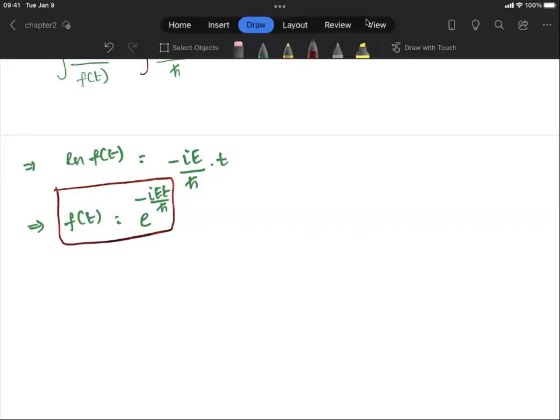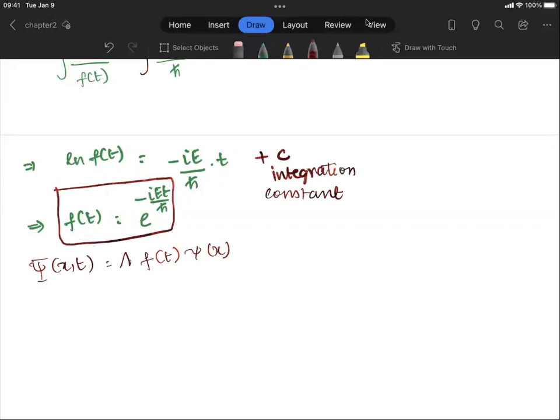I just want to point out that when we integrate it here, we would potentially end up with an integration constant. However, I did not consider that here because when we ultimately write psi of x, we can include the integration constant in this part.